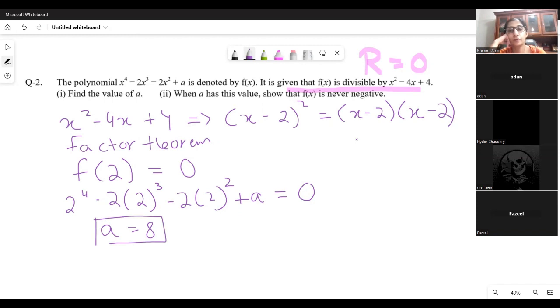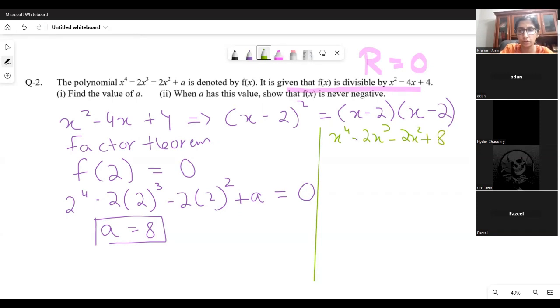When a has this value, show that f(x) is never negative. So the expression becomes x^4 minus 2x cubed minus 2x square plus 8.